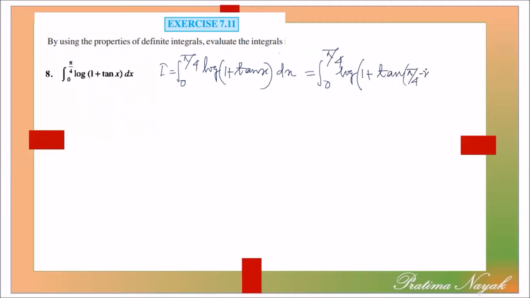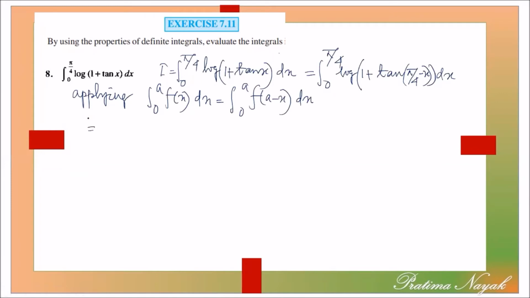In place of x, I put pi by 4 minus x. And I'll mention the property here. Applying integral 0 to a f(x) dx is equal to integral 0 to a f(a minus x) dx.